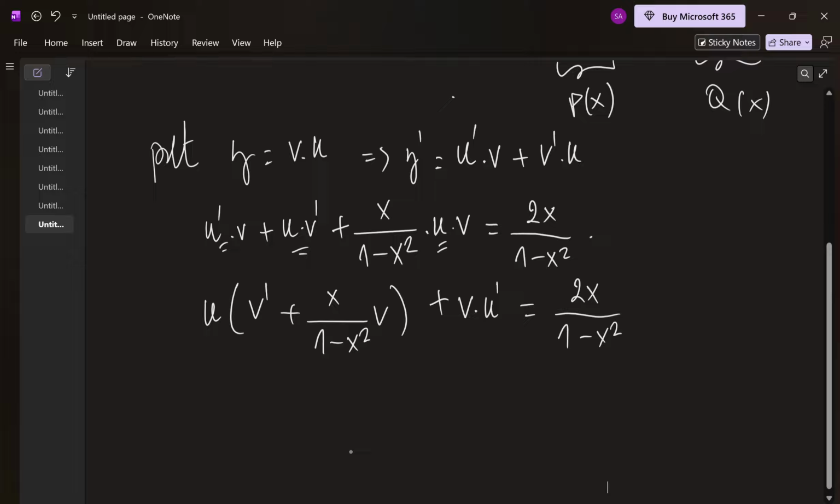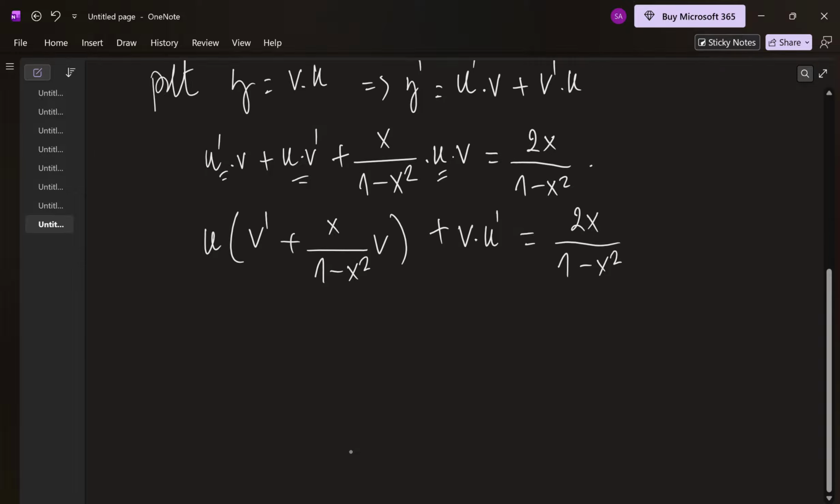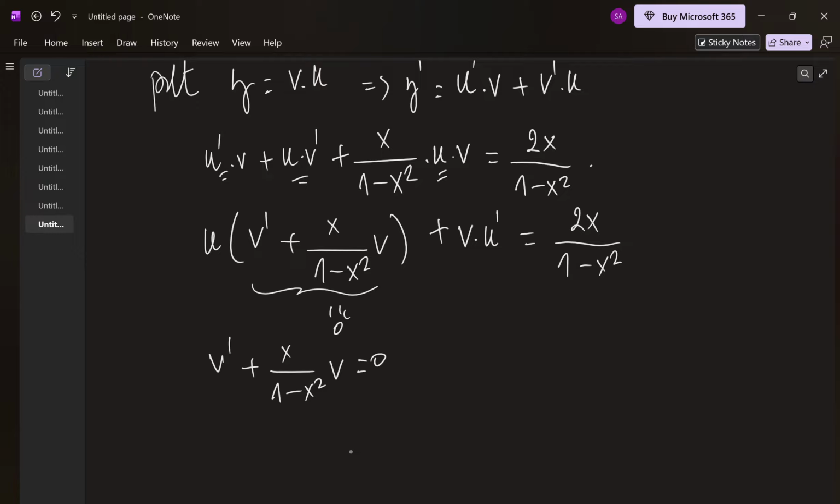Next, what you should do is take this equal to 0. So v prime plus x over 1 minus x squared v is equal to 0.